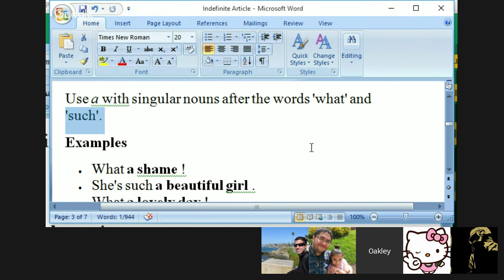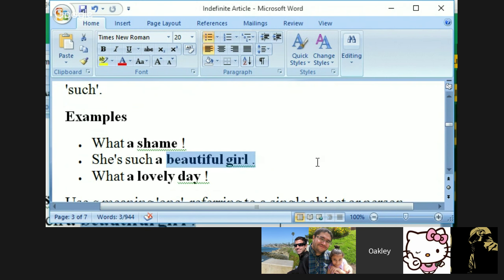Now, what nonsense? Think about that. Nonsense is uncountable. Such fun. Fun is uncountable. So when we follow such, if it's uncountable, you don't need an article. If it is a countable noun, like a beautiful girl, 3 beautiful girls, then you use a.